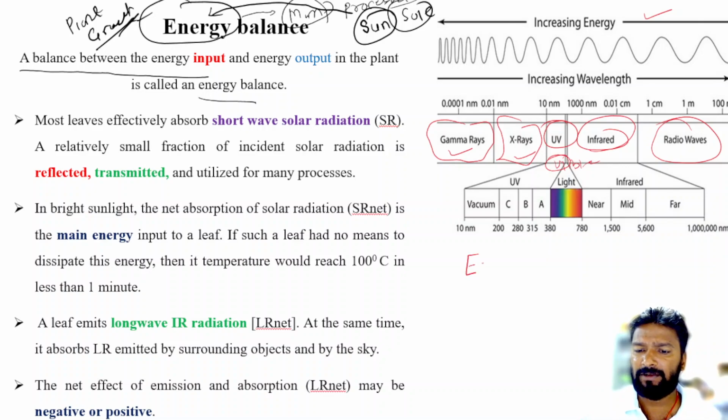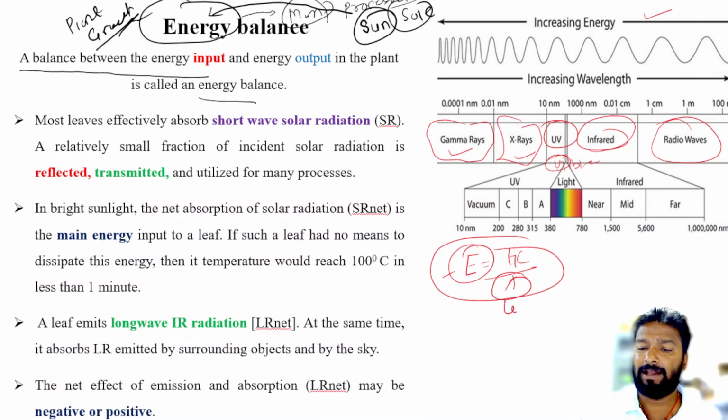There is one formula in physics, E equals hc upon lambda. So E, the energy, is inversely proportional to lambda, the wavelength. As the wavelength increases, radio waves have the highest wavelength, meaning the lowest energy, and opposite to this, gamma rays have the highest energy and lowest wavelength.